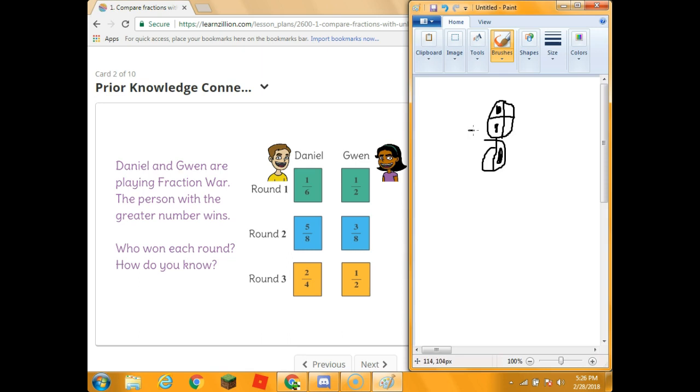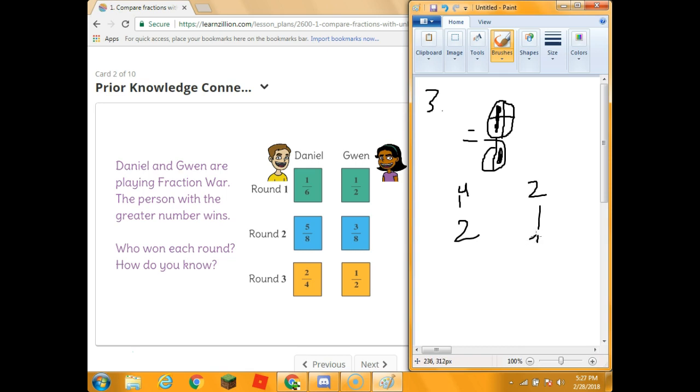But actually, these are equivalent, which means equal. Because if you simplify it to its lowest terms, 4 can be made into 2, and 2 can be made into 1.